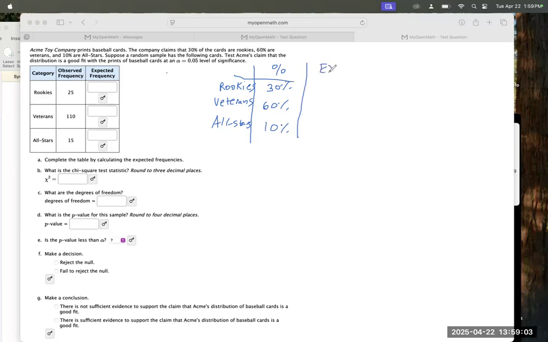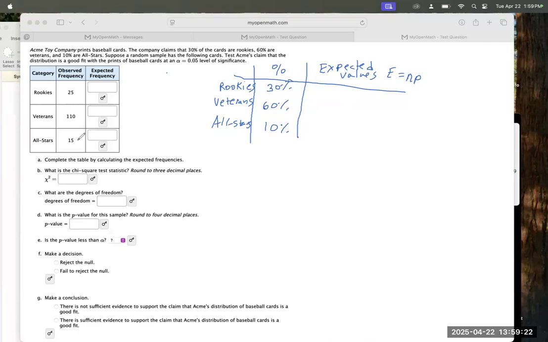Now to find the expected values, you just multiply the number that is going to be sampled times the percentage.